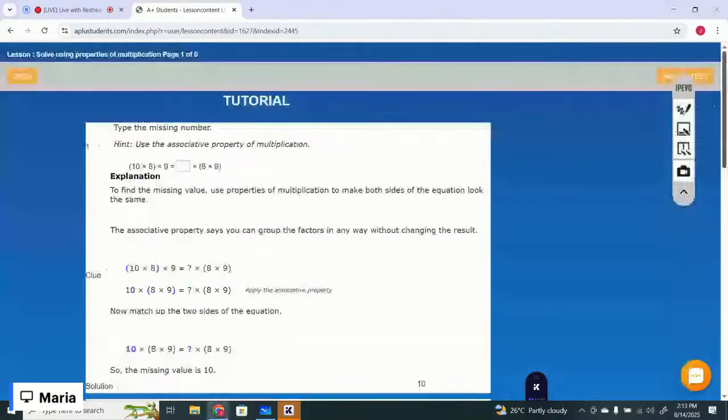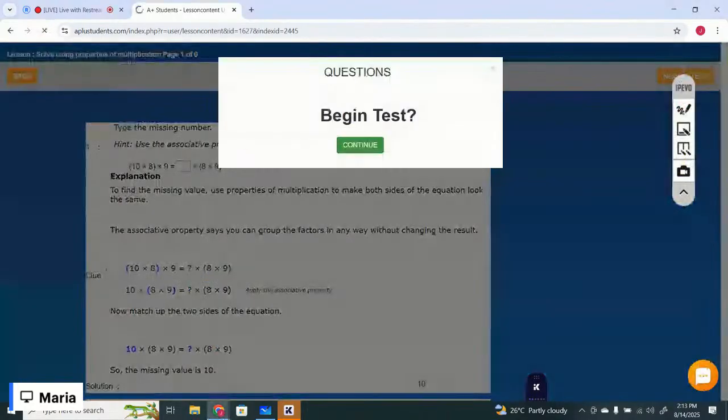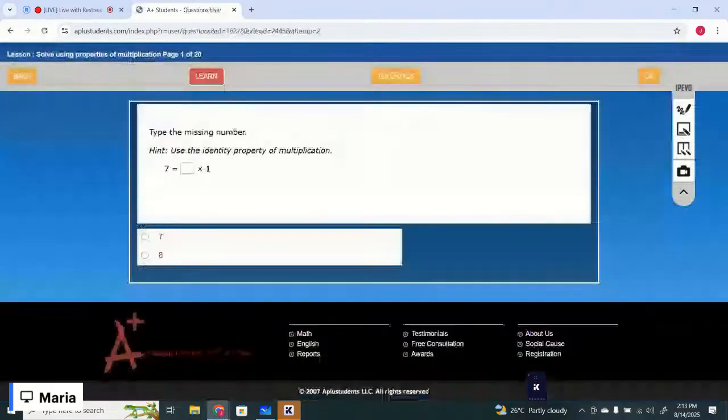Let's start with the test questions. Find the missing number. 7 equals the missing number times 1.